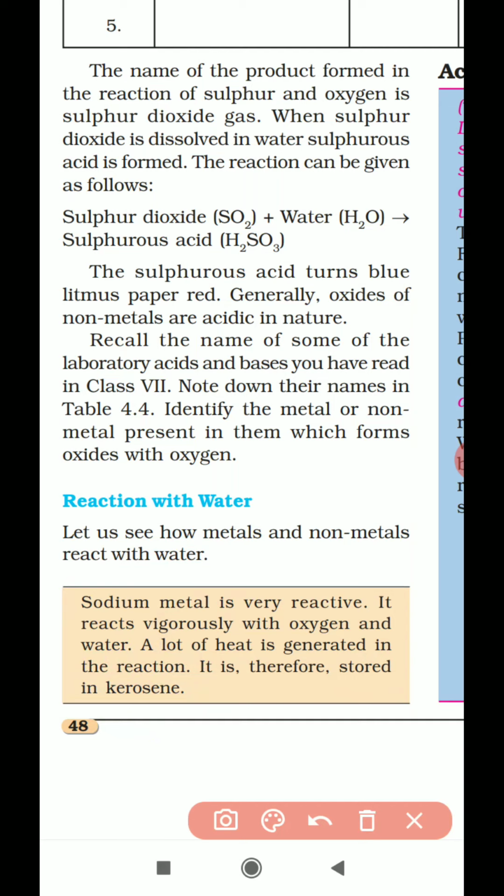When I keep sodium metal in open air, there is a chance that it will start to burn by itself. Or when I keep the sodium metal inside water, it will also start to burn, because sodium metal is highly reactive with oxygen and water. So we cannot keep sodium metal in open air or in water.